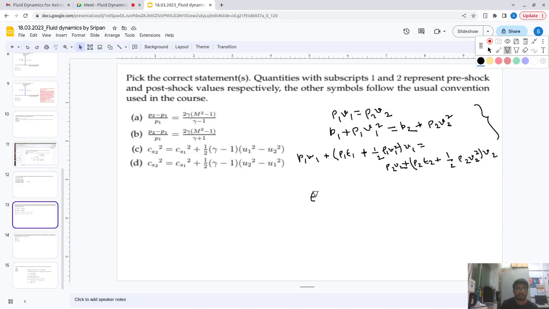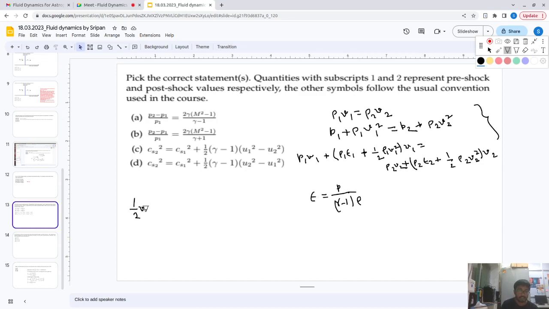So you can write that epsilon is basically P by gamma minus 1 and then rho. Use this with these equations and do some algebra.